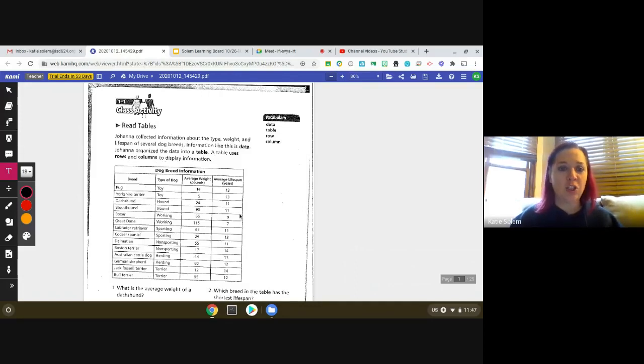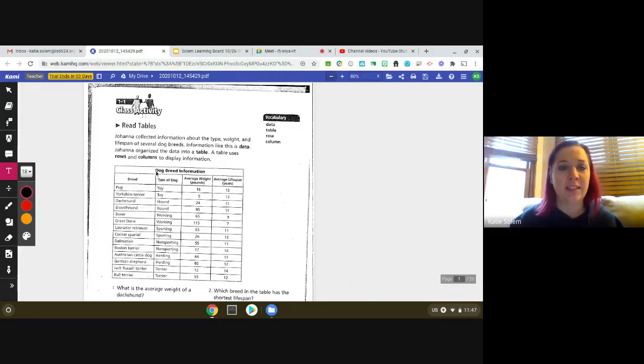So if you look at Joanna's table, she titled it Dog Breed Information. In her columns, she has the breed of the dog, and then she lists them down here. What type of dog is that? What is the average weight of the dog in pounds? And what is the average lifespan, or how long it usually lives in years?